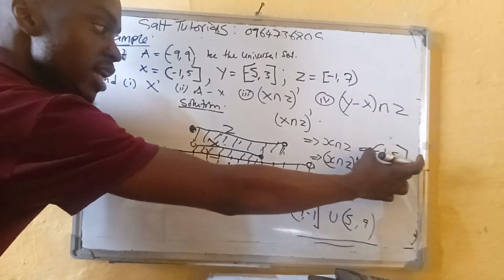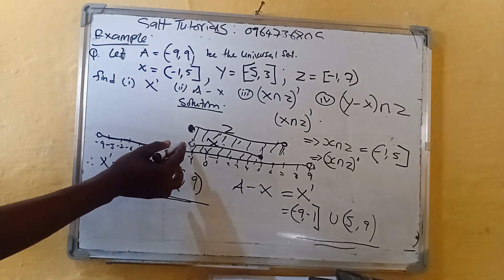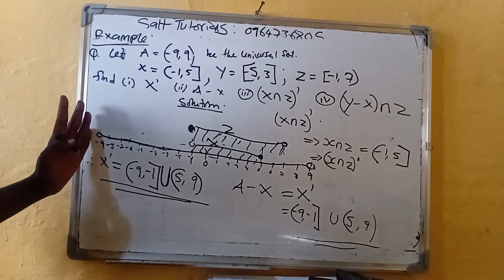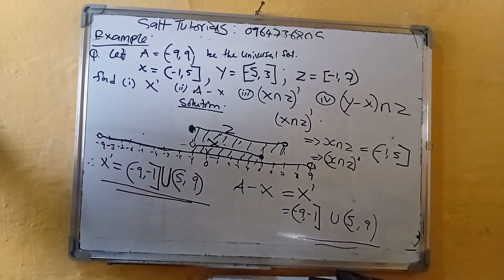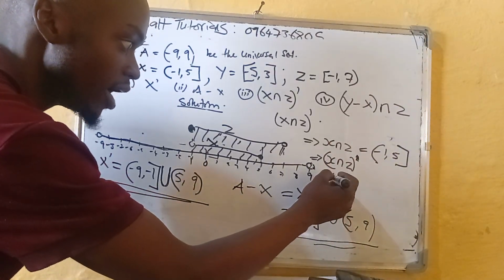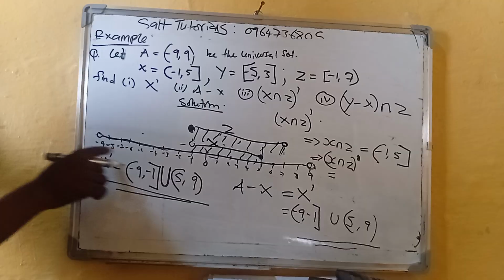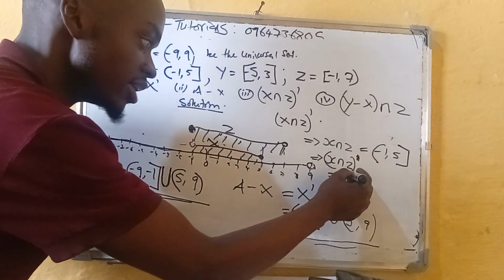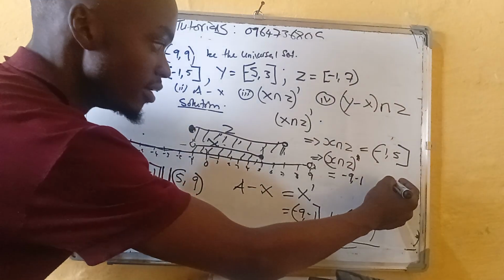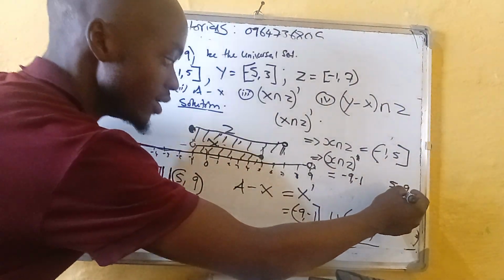It means it's outside this. So outside -1 and outside 5. But there is a limit ending up to -9. So therefore X intersection Z complement becomes from -9 to -1, and from 5 to 9.